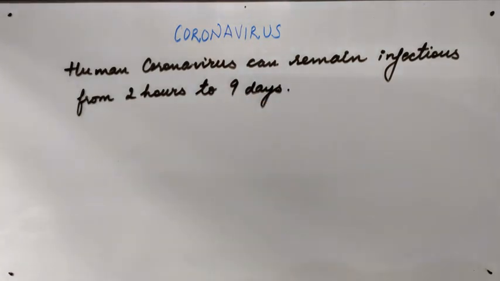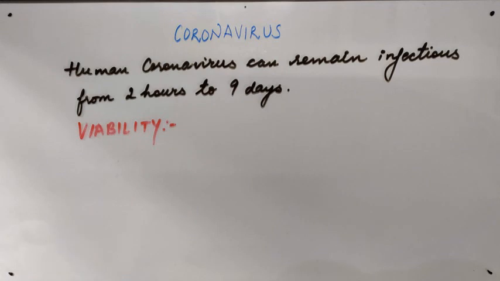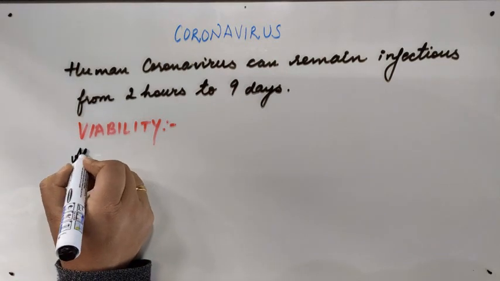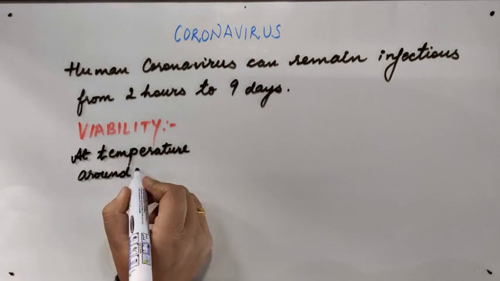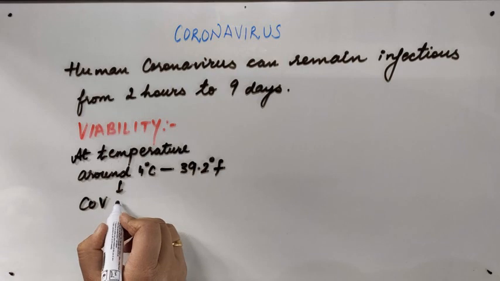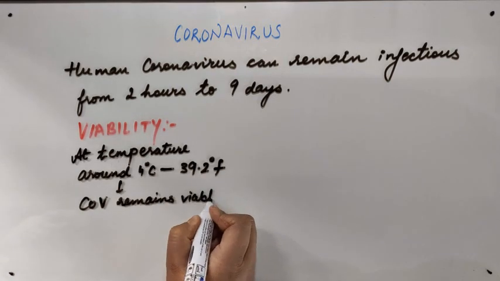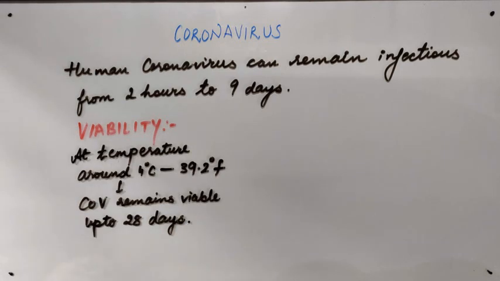Let us study about the viability of this virus. At temperatures around 4 degrees Celsius or 39.2 degree Fahrenheit, coronavirus remains viable up to 28 days.